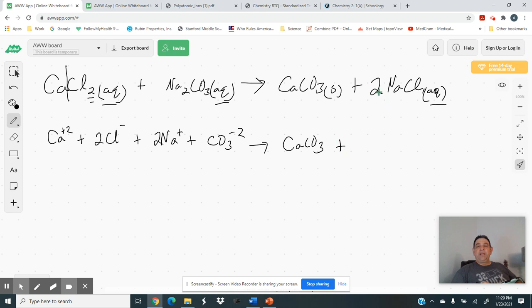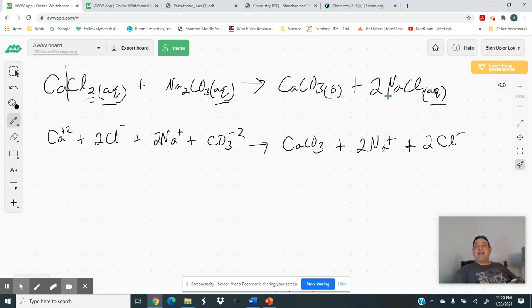So from 2 sodium chlorides, we get 2 sodium ions and 2 chloride ions, plus 2 chloride ions. Okay. Some people go, where did I get 2 here and 2 here? Well, these were 2 NaCl's. Each NaCl has 1 Na and 1 Cl. So if you have 2 NaCl's, you would have two Nas and 2 Cl's.